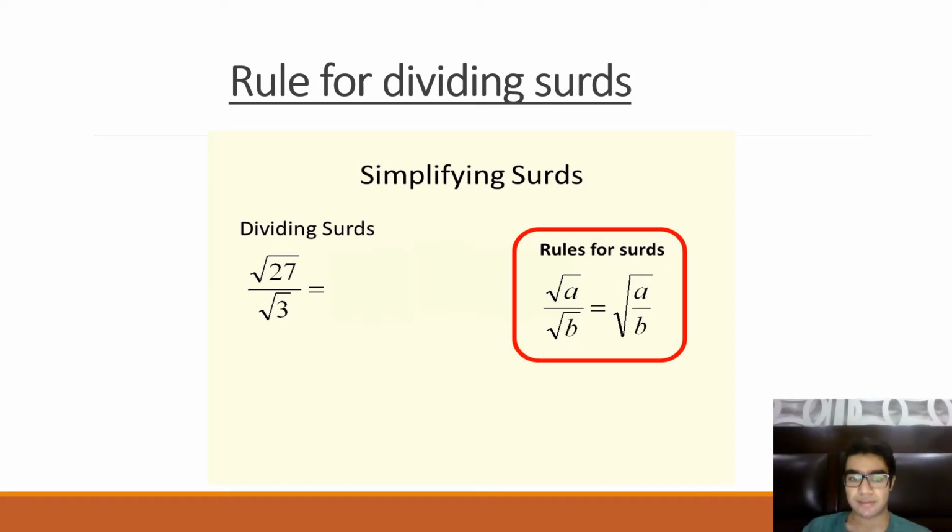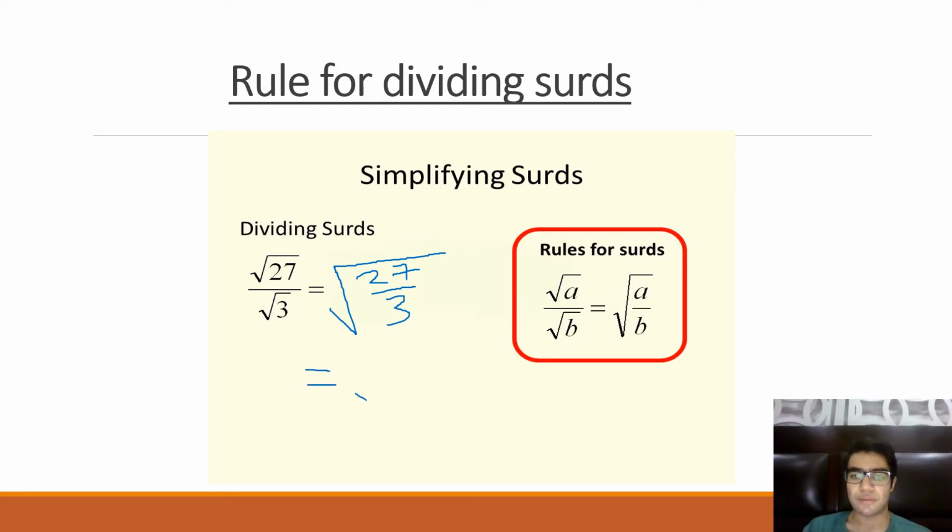As an example, let's say we have square root of 27 divided by square root of 3. We can combine it into one square root, so that becomes square root of 27 divided by 3 inside the square root.